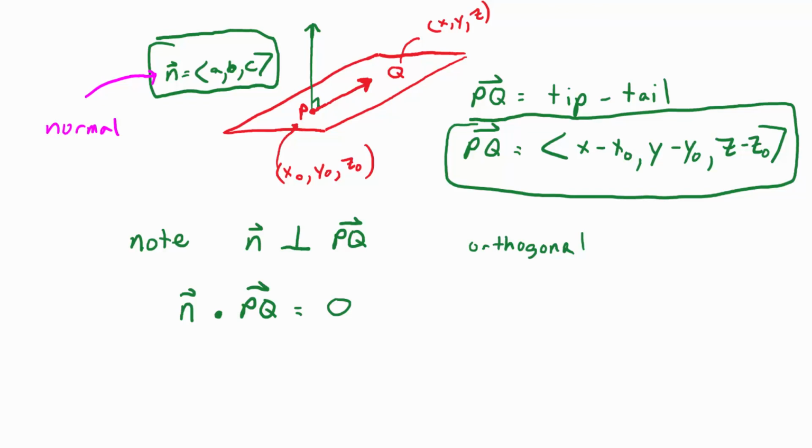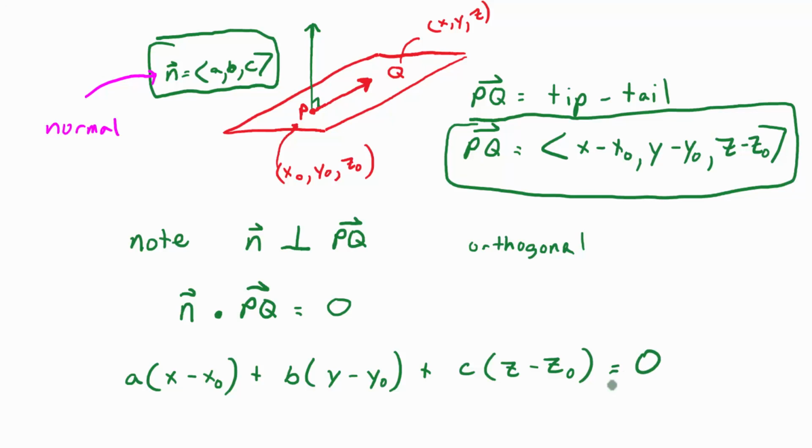So you'd have A times what? Good. A times x minus x naught, and then what would you add that to? B times y minus y naught plus C times z minus z naught. And that has got to equal 0.